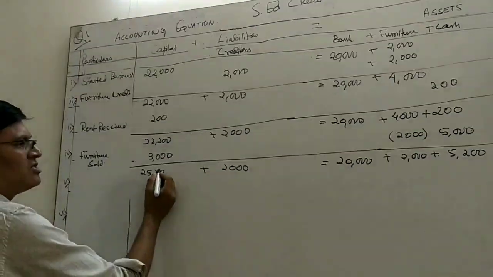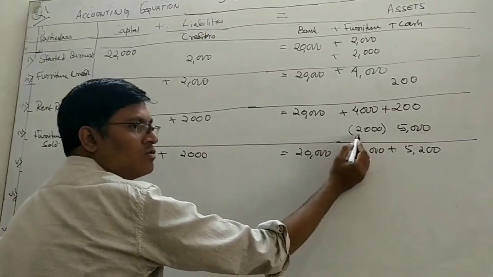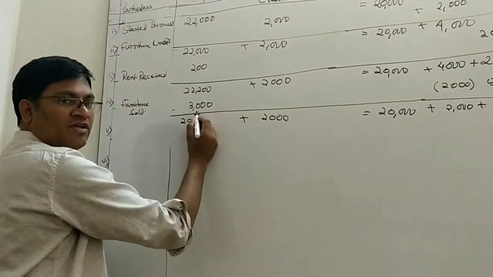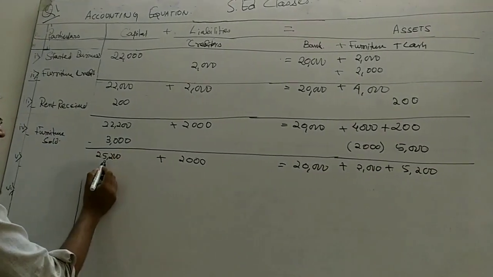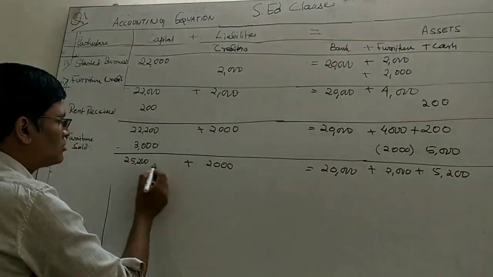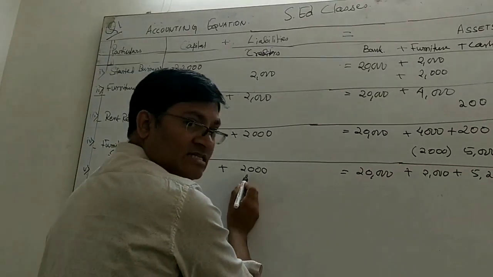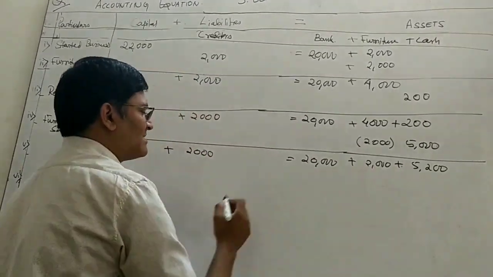And on that furniture you have made a profit of 3,000. You see, 5,000 minus 2,000, 3,000 is the profit. 3,000 profit we have recorded in the capital, and we got 25,200. Plus 2,000, that means 27,200 on the liability side and 27,200 on the asset side.